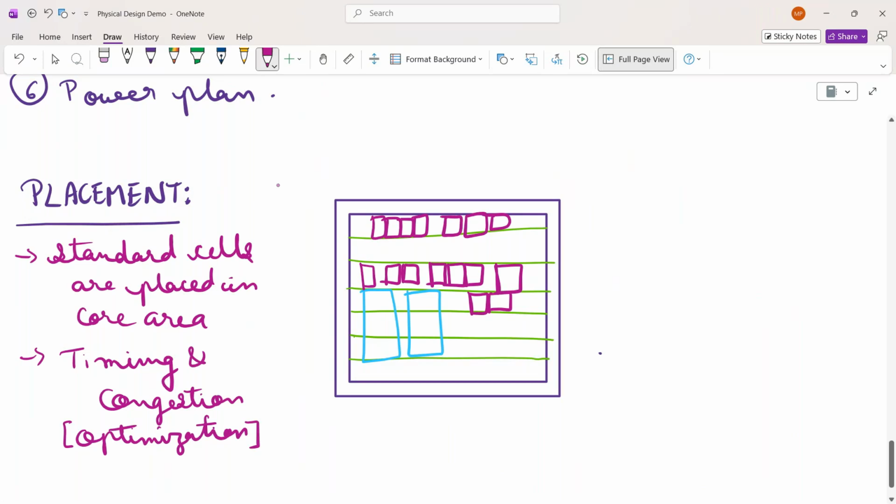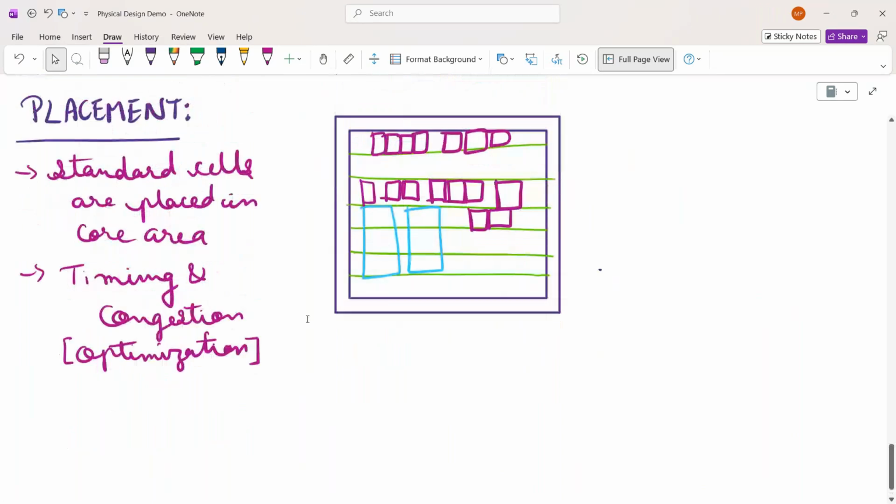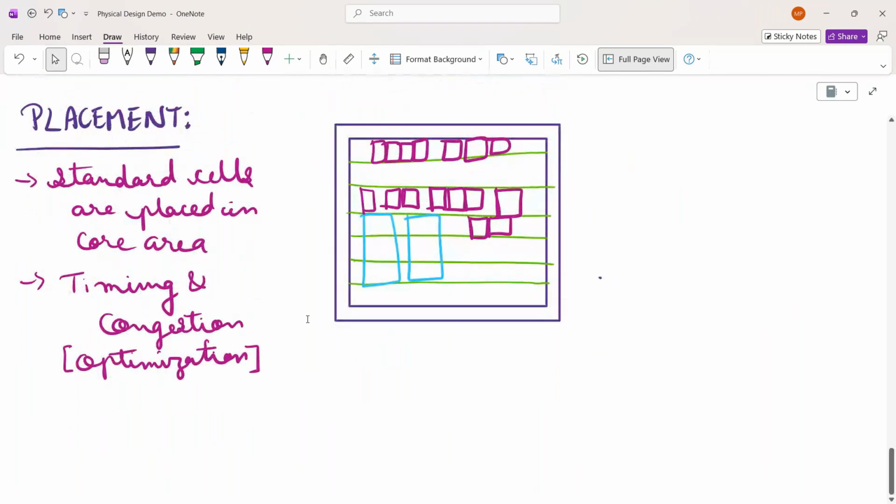So we still have a runtime of approximately 2 hours for placement, because the tool is continuously working from inside, making changes to meet the timing. You will check the timing. If the timing is violated, we also add some fixes. We can do the fixes manually here in the placement stage. Those are called fixes given to meet the timing requirements. So this is the placement.